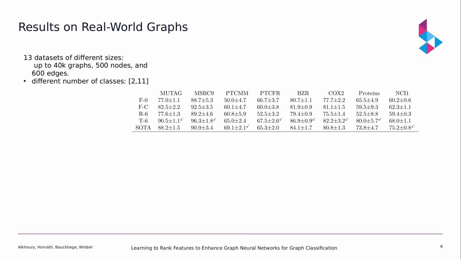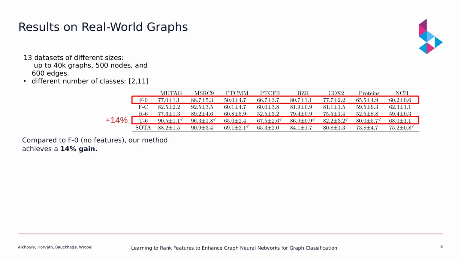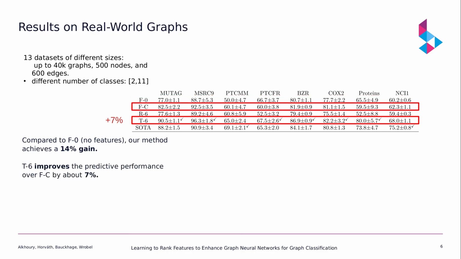Going to the results, compared to using no features at all, F0, our method delivers a 14% improvement in accuracy. And when we compare our top K feature set, here top 6 features, to using all the features, FC, we still see a 7% gain.